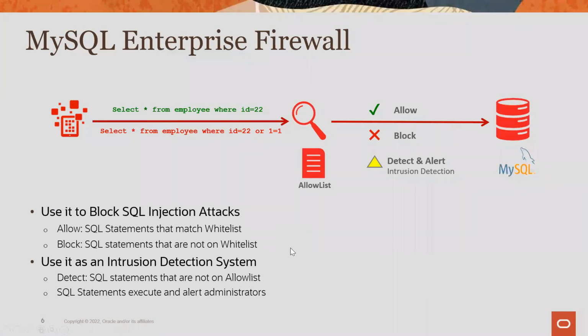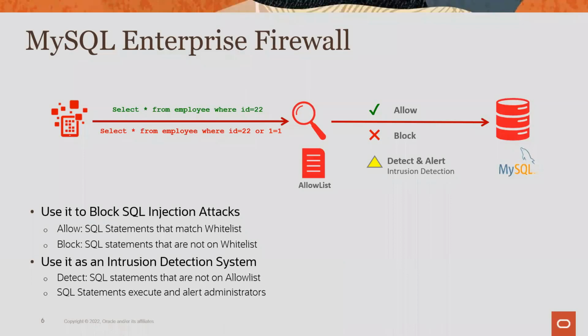So it is something that enables you to permit or to deny SQL statement execution based on matching against a list of accepted statement patterns. So this is something that helps you to harden the server against attacks such as SQL injection or attempts to exploit the application, and so on.